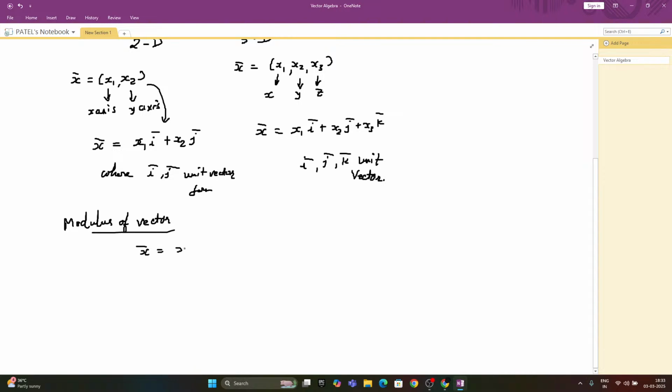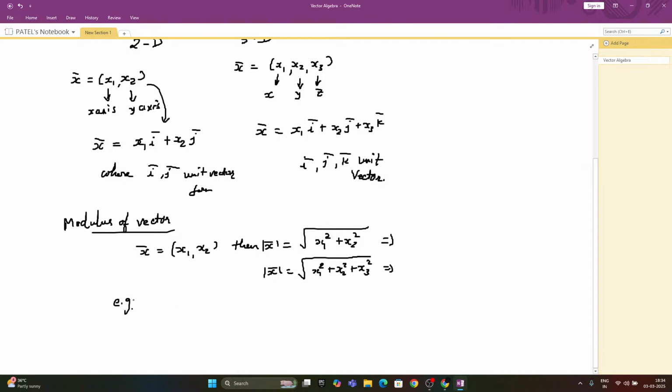Suppose x bar is in two dimension, x1 and x2, then the mod of x bar is the square root of x1 square plus x2 square. Similarly for three dimension, it is the square root of x1 square plus x2 square plus x3 square. We have to find this value, which is called the modulus of the vector.